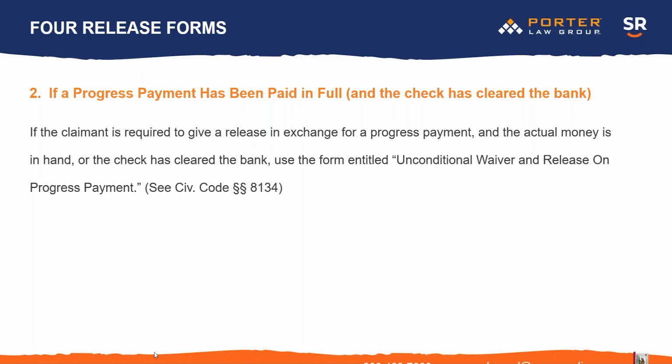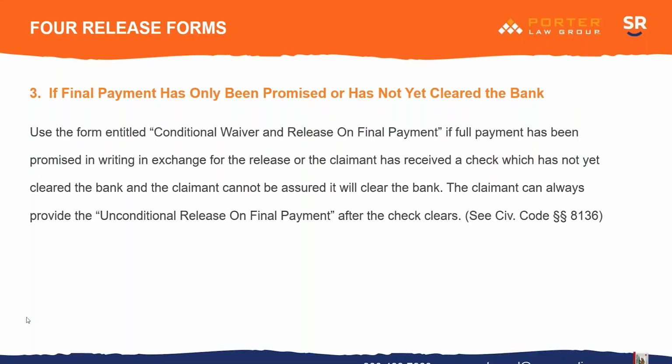And that'll be if the final payment has only been promised or they gave you a check and it hasn't yet cleared the bank. And be cautious on this, because I see a lot of people often will want an unconditional waiver and release on final payment in exchange for a check or for a promise for a check.